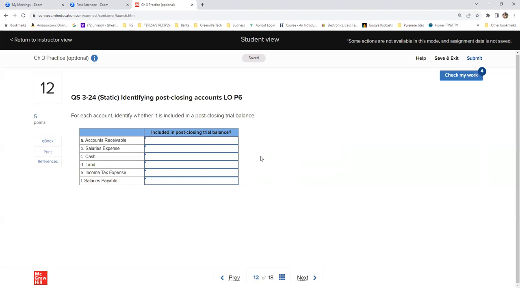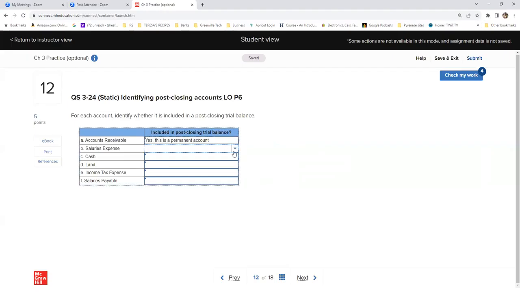All right, next we have to indicate whether or not it's included in the post-closing trial balance. So, accounts receivable, yes, permanent account. Here's where we have to determine whether these are permanent or temporary accounts. Permanent accounts are what's on the balance sheet. Temporary accounts are what's on the income statement, all right?